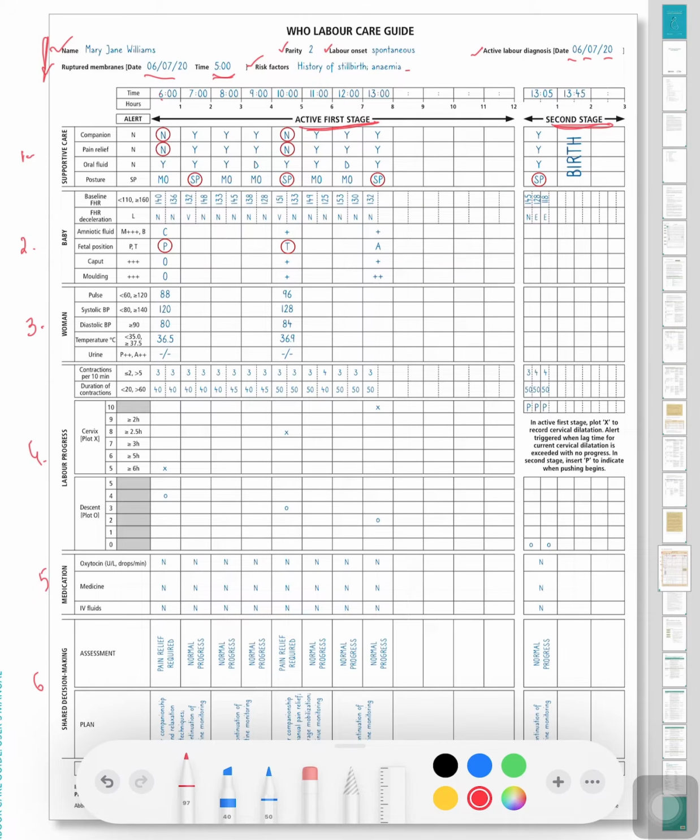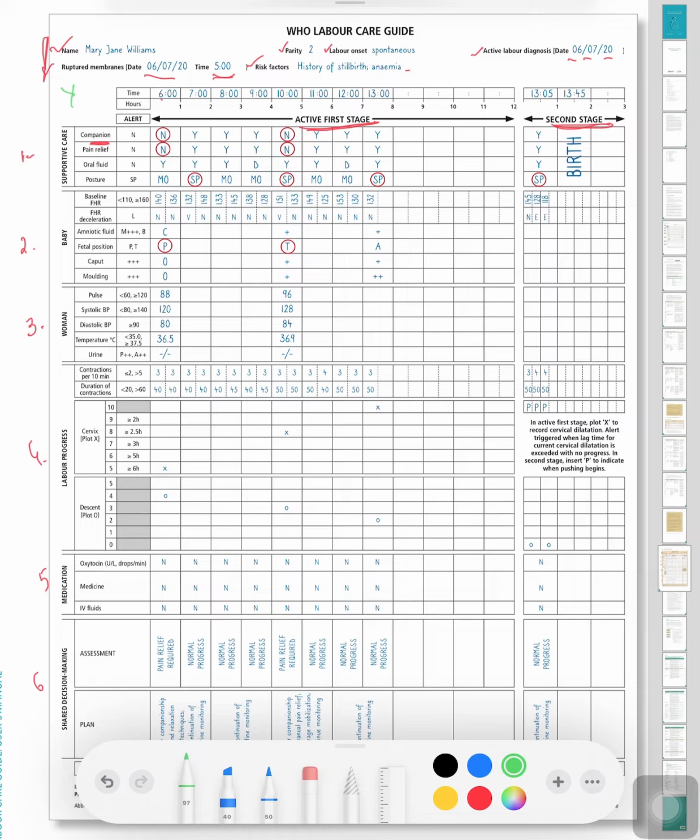When our patient presented at 6 o'clock, first we fill the supportive care. If her companion is with her, and let's change the color to green, you are going to write a Y, that means yes.